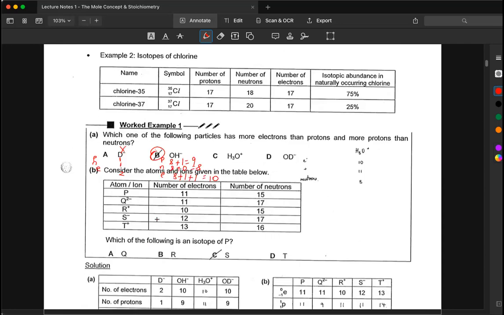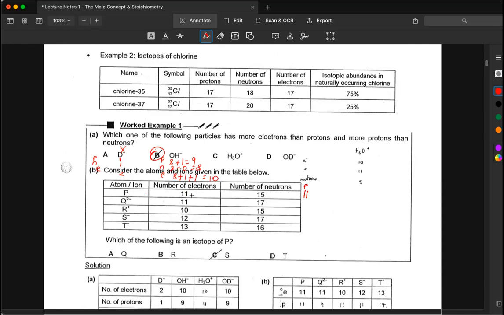Now, next question: which is an isotope of P? To be an isotope of P, the number of protons has to be the same, but the number of neutrons will be different. Since it's an atom with no charge, it's neutral, so the number of protons, and I have another column, this is a strategy, will be 11, the same number as electrons.